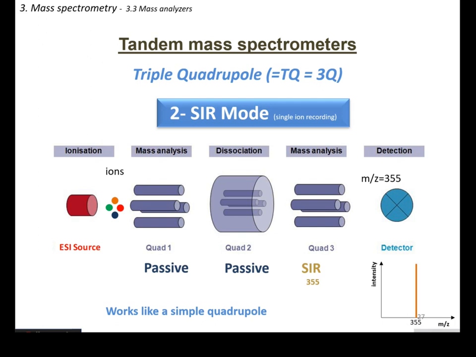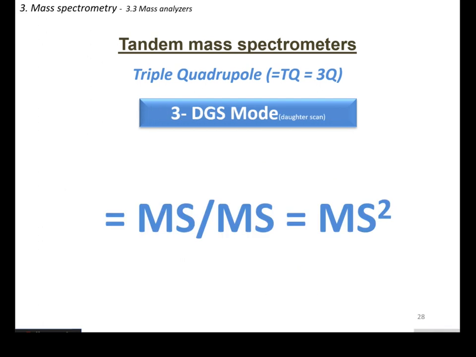Now, the single ion recording mode works also exactly in the same way. Quad 1 and 2 are passive. They let every ion pass, and the third quad will filter out everything but 355. But now, and this is what matters with this type of machines, you can make what we call a daughter scan, DGS.